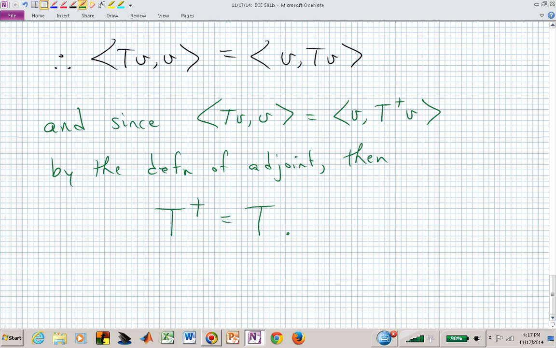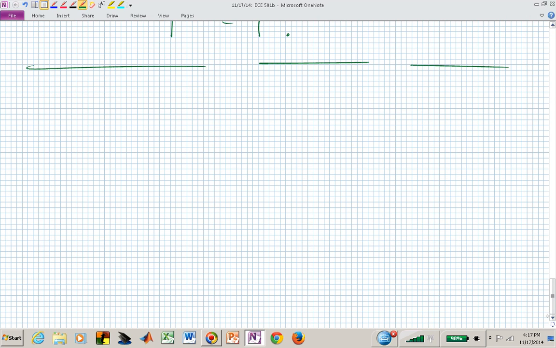Let's now mention a couple of examples of positive operators.